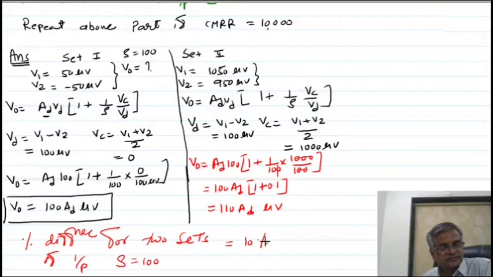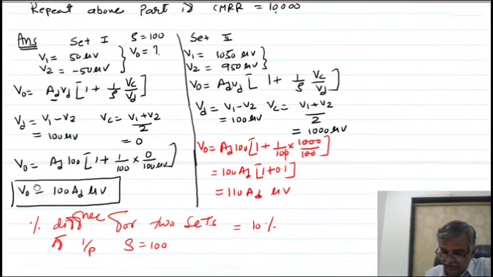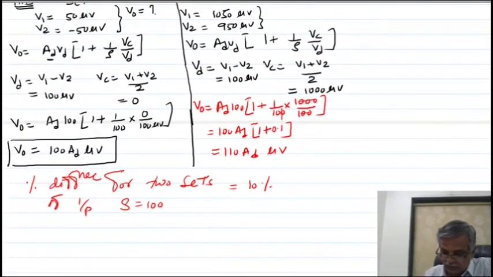Okay. Now, repeat the above part if CMRR is 10 raised to 4. So let us do the same part if CMRR is 10 raised to 4.